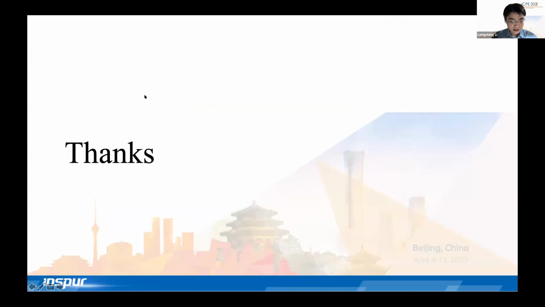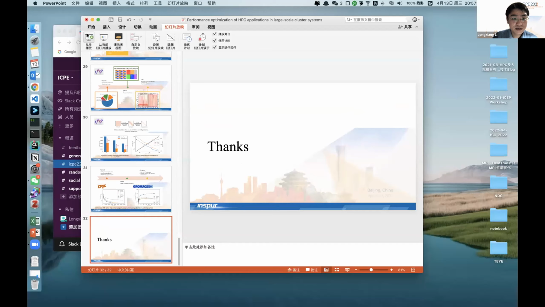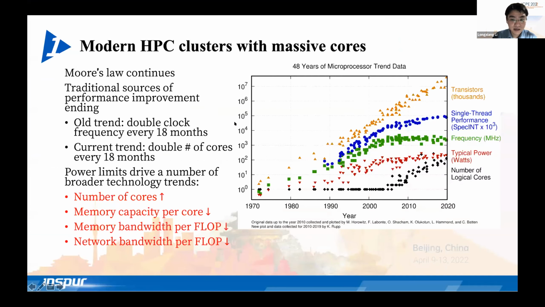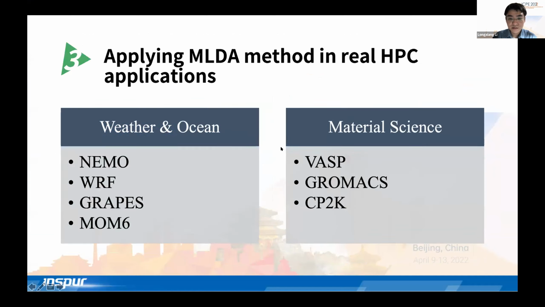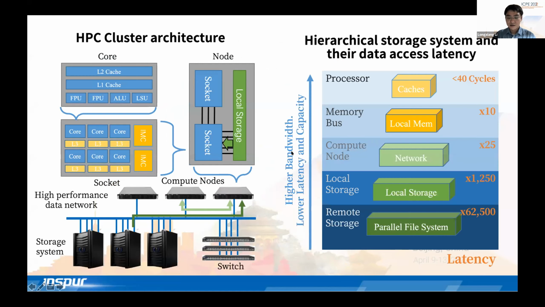Okay, let me go to the page. I think maybe this page can describe it more clearly. When we use a small number of compute nodes, more data are stored in the faster devices such as CPU caches or memory.